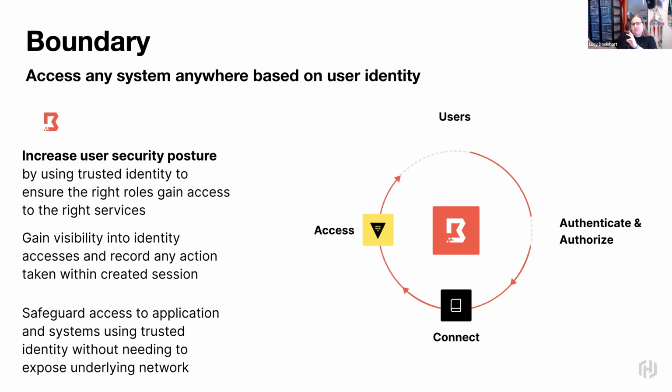It has it the other way around with the data coming to the user. So rather than connecting to the network and then diving deeper until you get to what you need, the user only makes a single connection to Boundary, which is running at the edge, and then Boundary handles the rest. So let's dive a little bit deeper into how that workflow works. So you log in to Boundary using an identity provider like Okta or Active Directory.